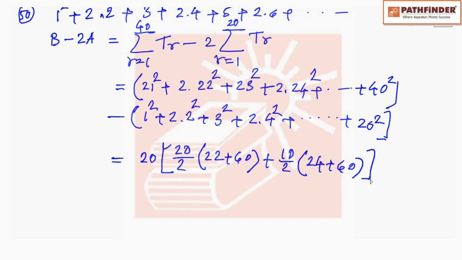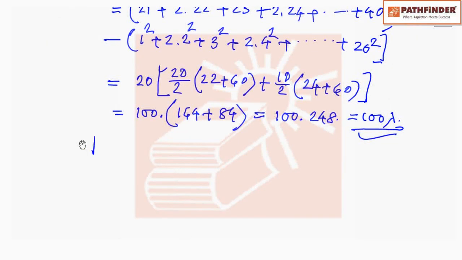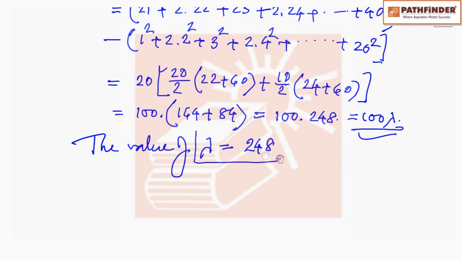If we calculate this, we are getting 100 into 164 plus 84, therefore 100 into 248. Our answer is equal to 100 lambda, given because the answer is given in terms of a multiple of 100. So the value of lambda is equal to 248.